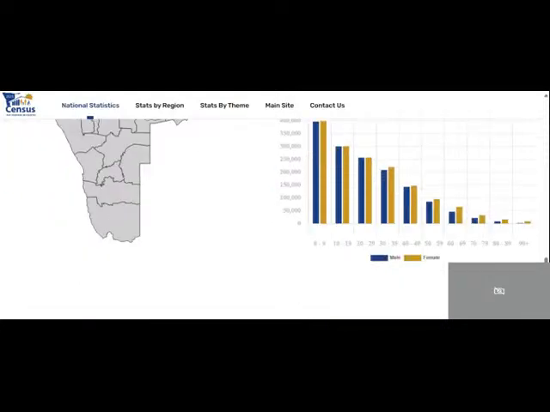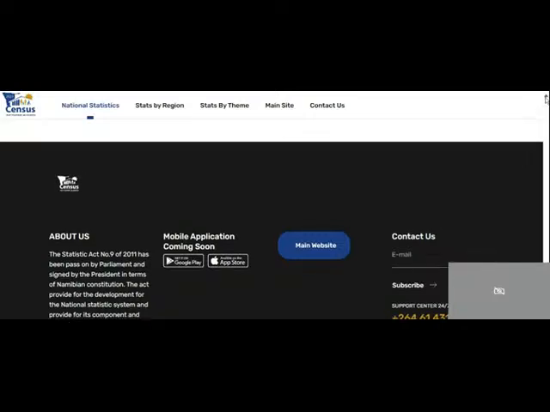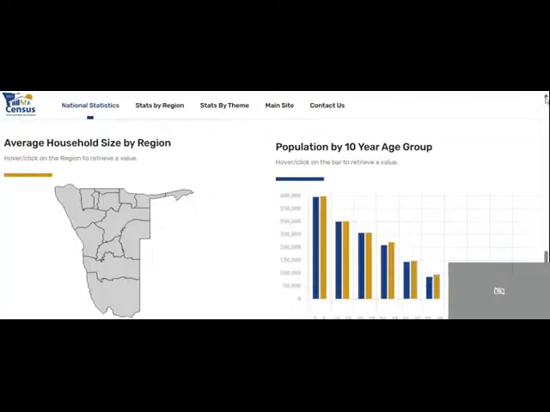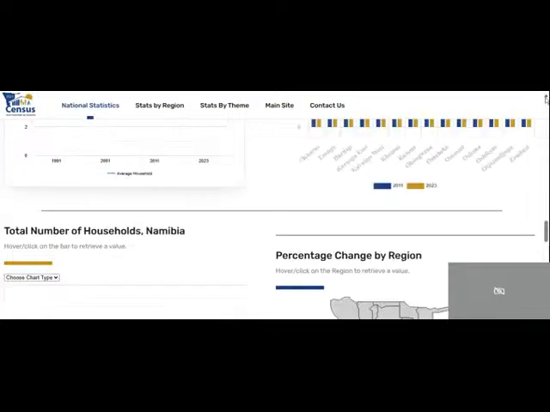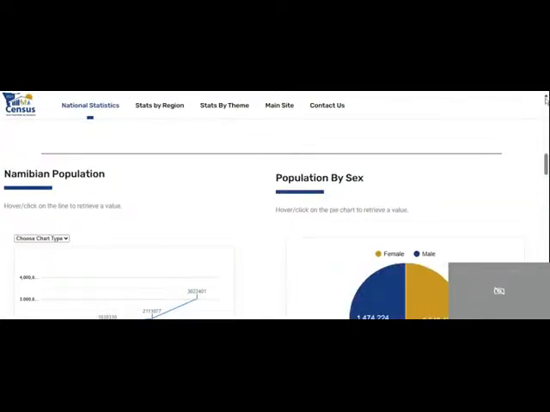Oh, they're giving birth, bro. See, the babies are more than all the others. What kind of data collection is this, man? For real. This is some bullshit.